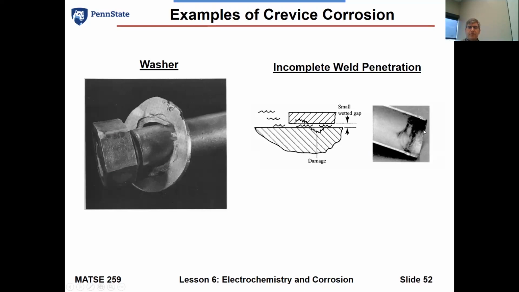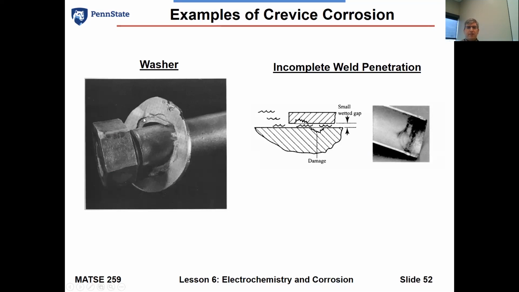And as with anything else, we have flowing liquid through there. That small gap can lead to capillary forces. It can wick some of the electrolyte, or that fluid that we're flowing through the pipe, into that incomplete weld. And it leads to this type of crevice corrosion, because we created a crevice by not having complete penetration of the weld.